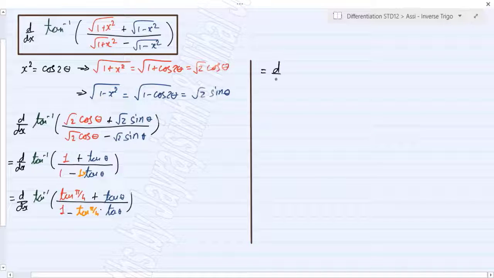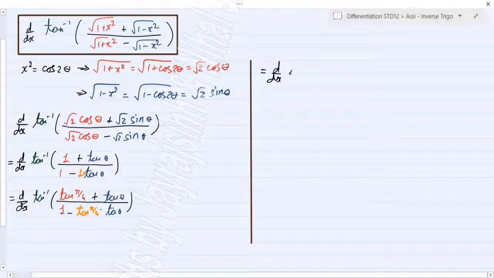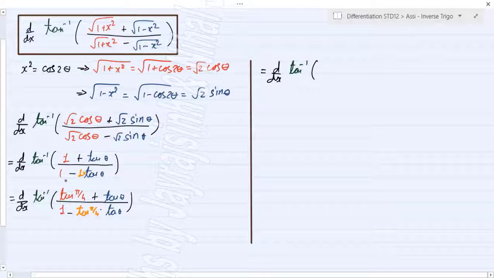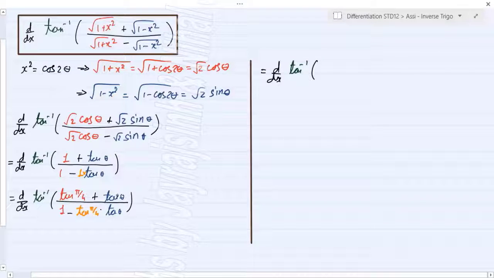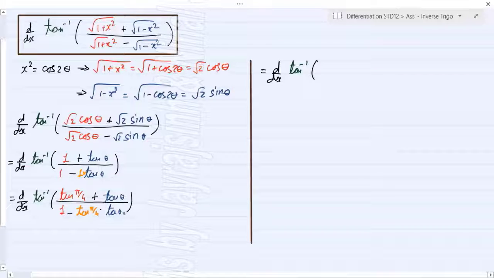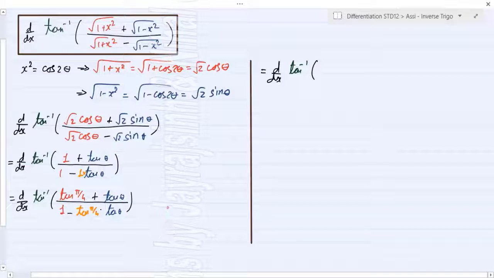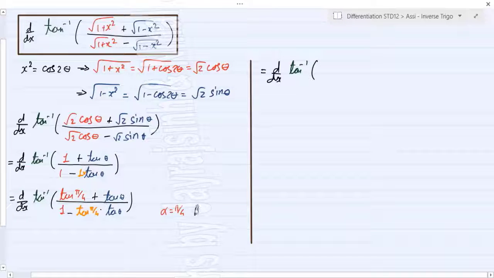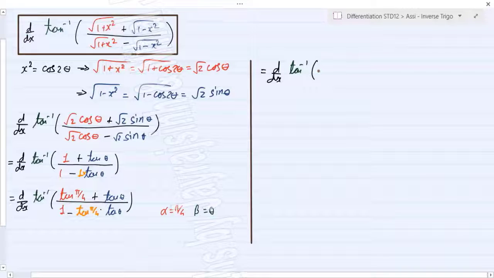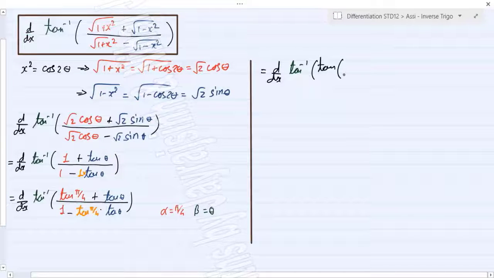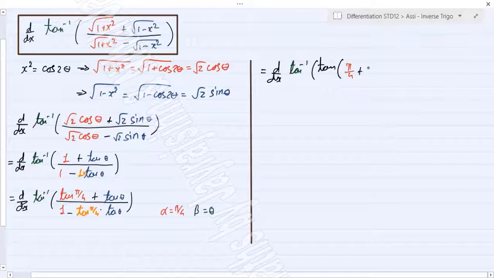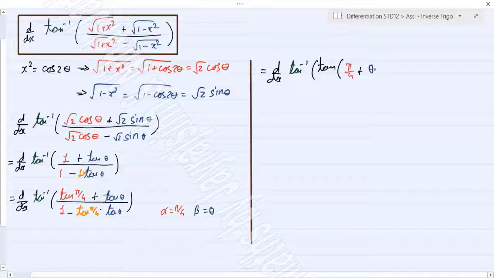So d by dx and your tan inverse still remain as it is. This bracket is in the form of (tan alpha plus tan beta) upon (1 minus tan alpha tan beta), where alpha is pi by 4 and beta is theta, which is equal to tan of (alpha plus beta). So we can rewrite as tan of (pi by 4 plus theta).